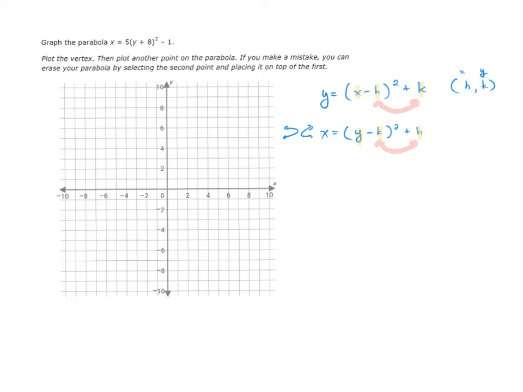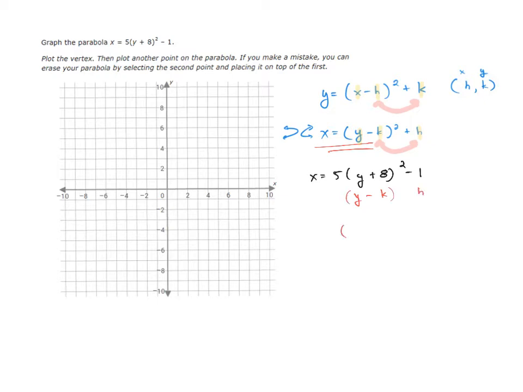So let's just look at this first equation that gives x is equal to 5 times (y plus 8) squared minus 1. This is an easy setup, right? This is basically my y minus, now this is my k. I like using this because it reminds me this is my k, and this is my h here.